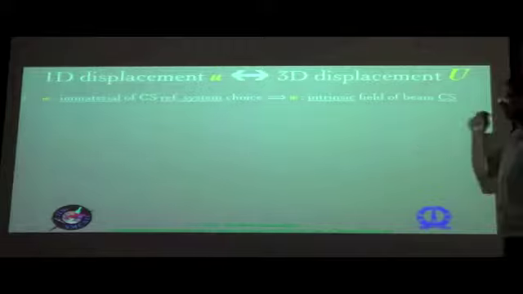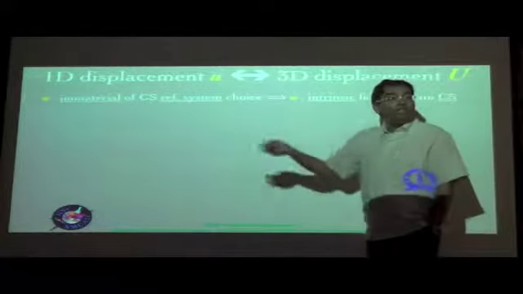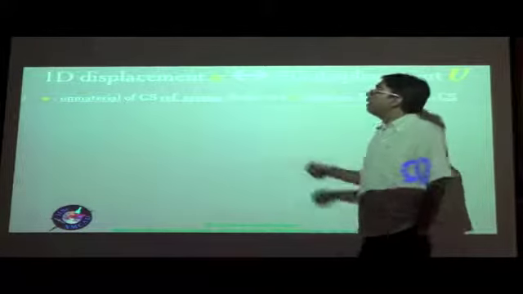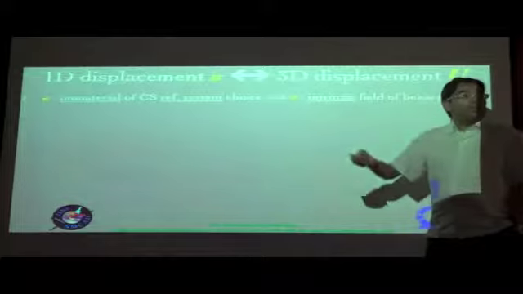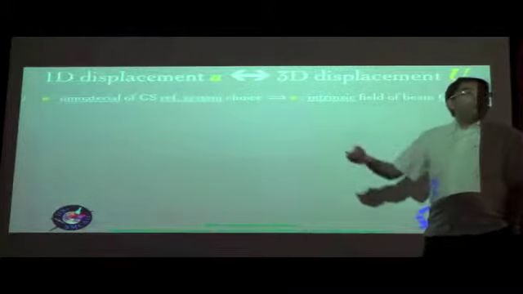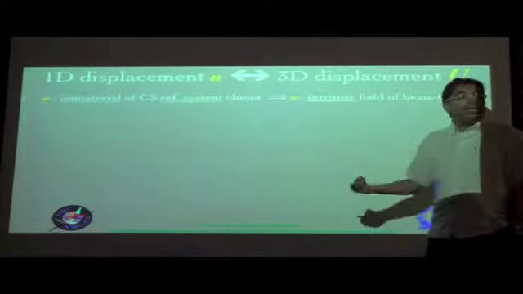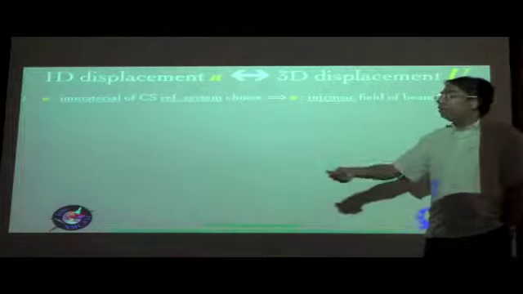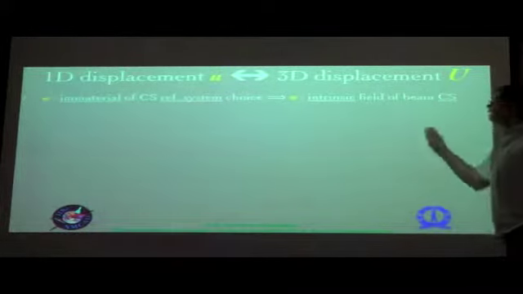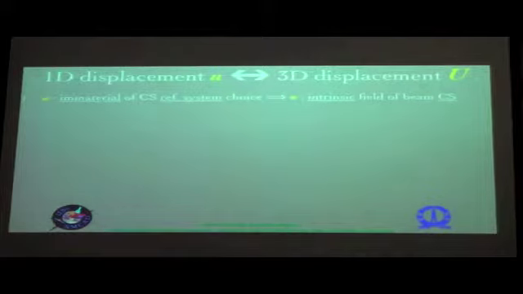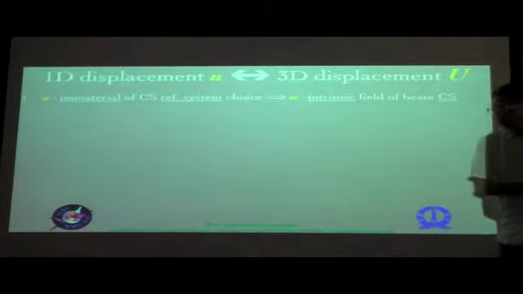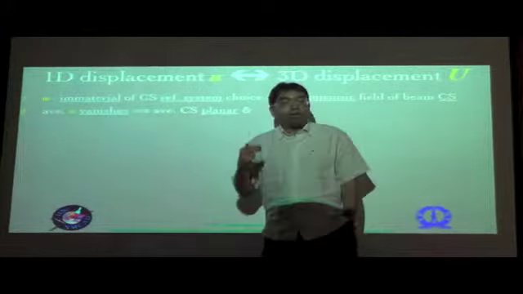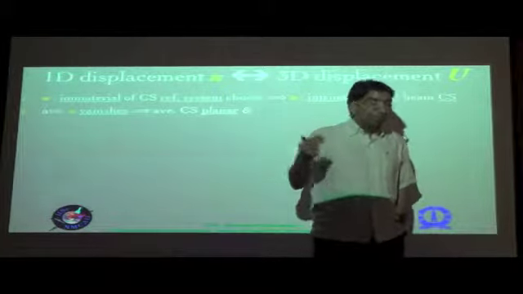The idea is that anything which is immaterial of the choice of the reference cross-section or the reference system used to depict it is something inherent and natural to the problem, and therefore not something extraneous, which is a characteristic of the modeling that you introduce. So in that sense, it is an intrinsic field, not of the beam as a whole, but of the beam cross-section.